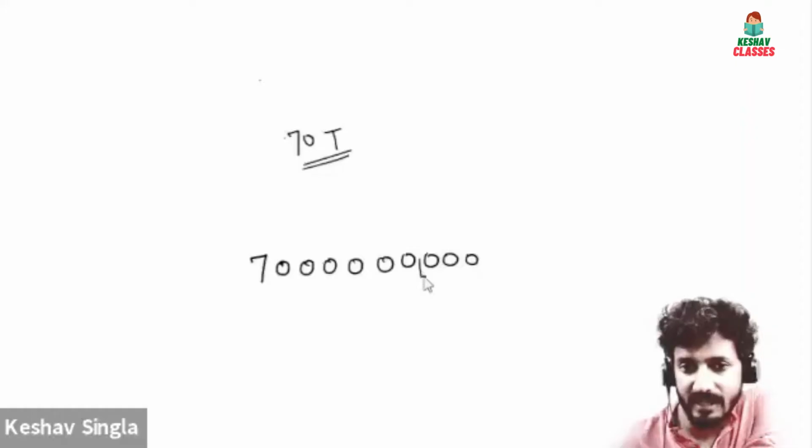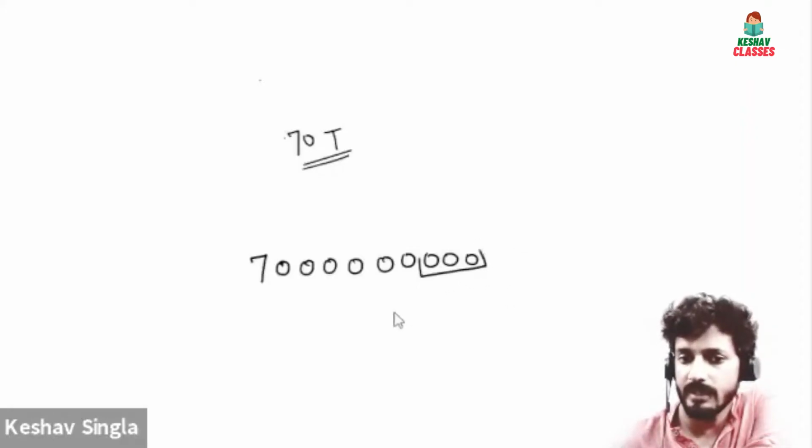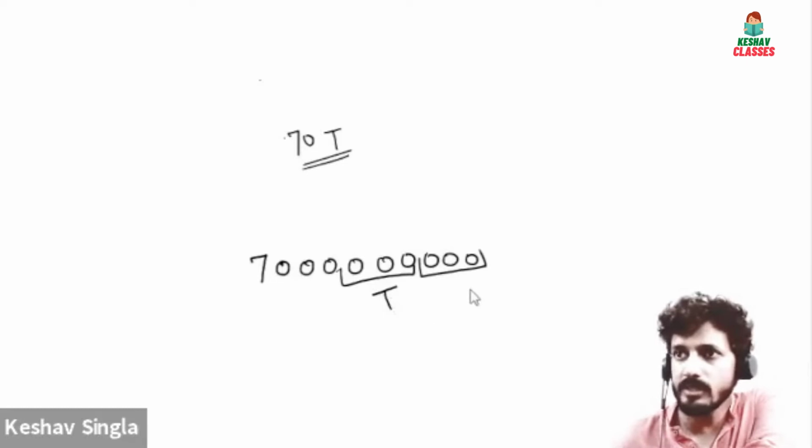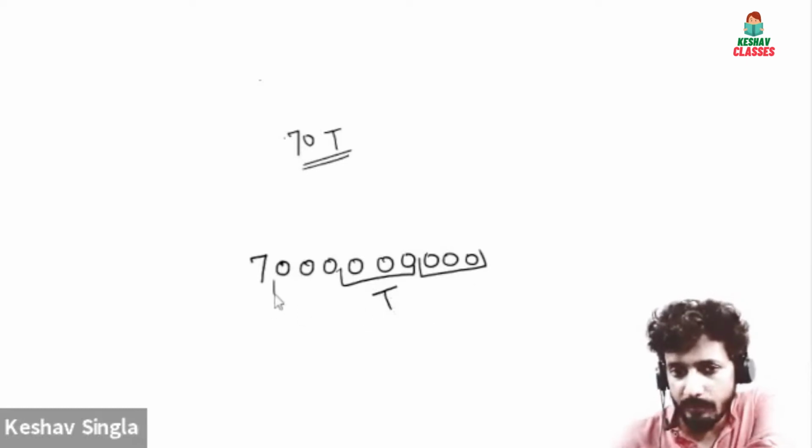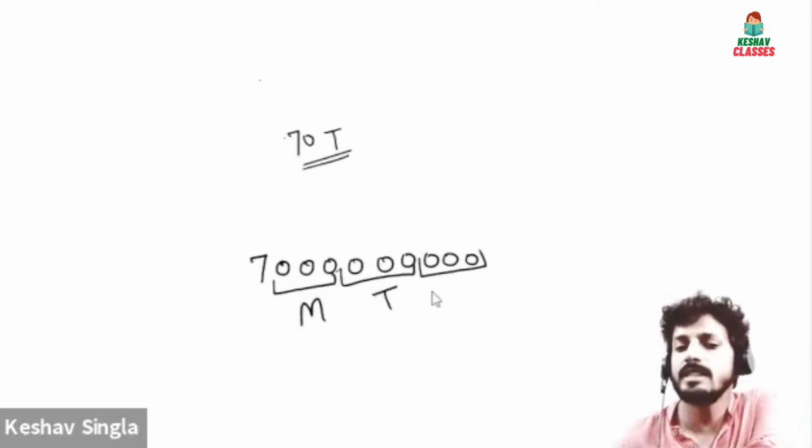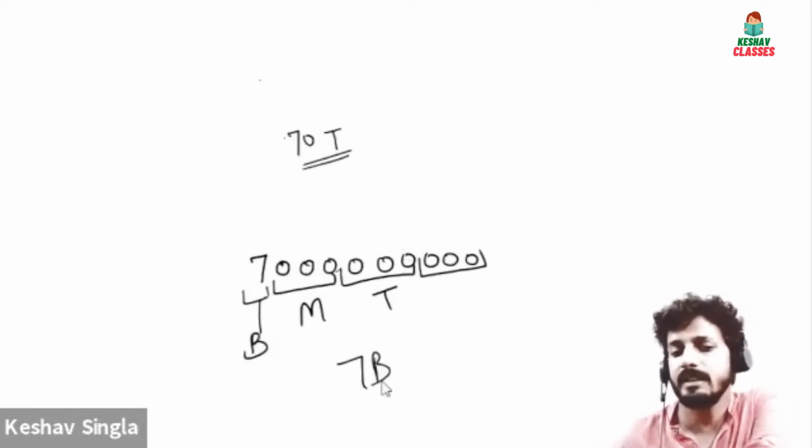So the last three digits are for this. Then we have thousands, right? And this is for million. So this is 0 million, 0 thousand and 0. This is for billion. So this number is actually 7 billion.